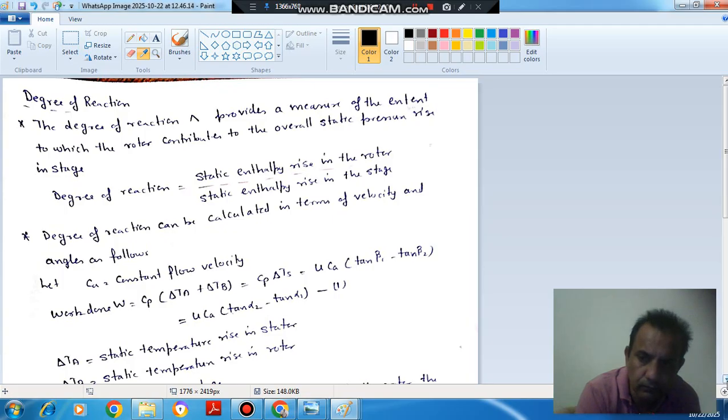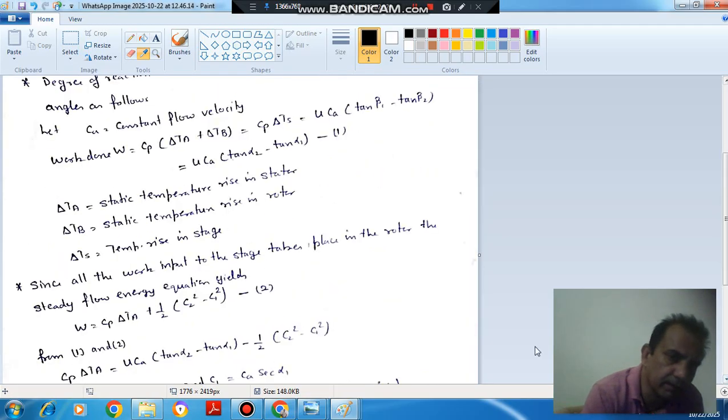Now work done can also be expressed as static temperature rise in stator into Cp plus kinetic energy increase in rotor, because the main function of the rotor is to increase the kinetic energy. This kinetic energy increase is 1 by 2 (C2 square minus C1 square), where C2 is the final velocity or velocity leaving the rotor, and C1 is velocity of air entering the rotor.